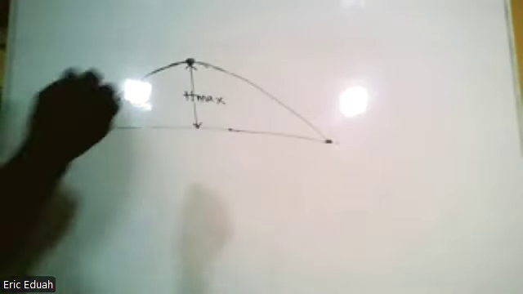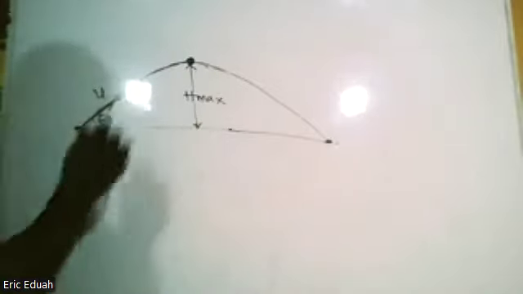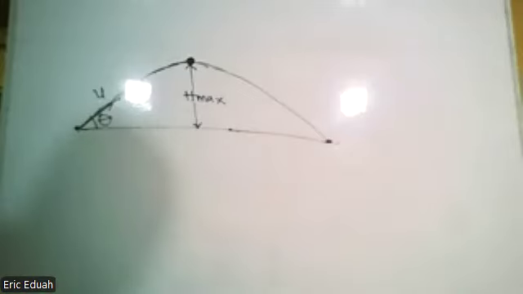We are to determine the velocity of the body at the maximum height. So, what is the velocity of the baseball at its maximum height?